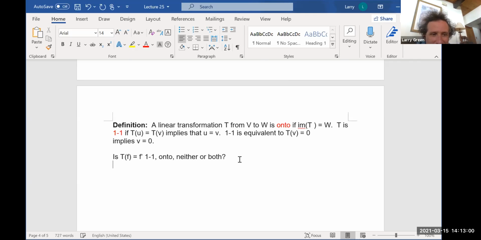Yes. So it's not 1-to-1. Let f(x) equal 1. Then clearly the derivative of 1 is 0, and 1 is not 0. So it's not 1-to-1. Is that clear? How about onto?